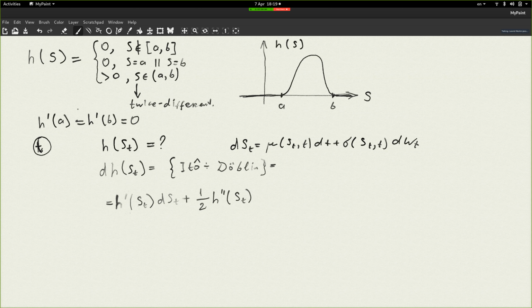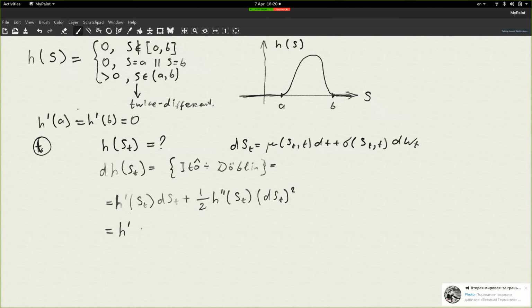Because we do have a second derivative here, times dST squared, which is equal to, for the sake of brevity, H prime of ST times dST.